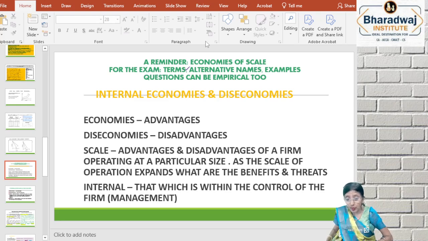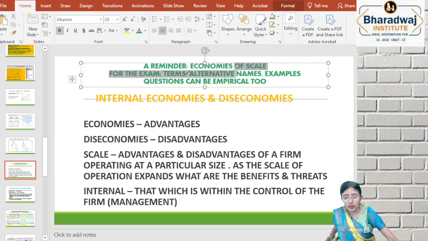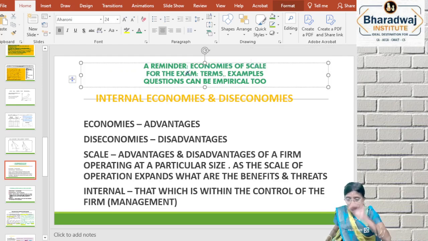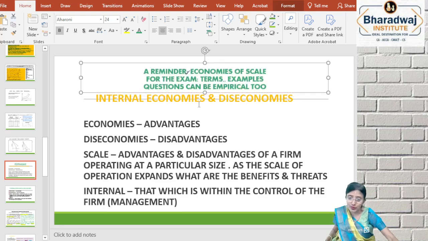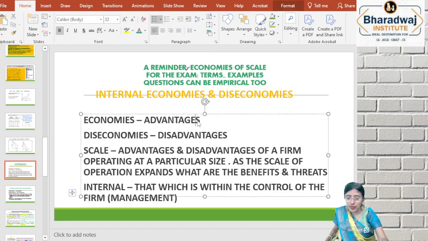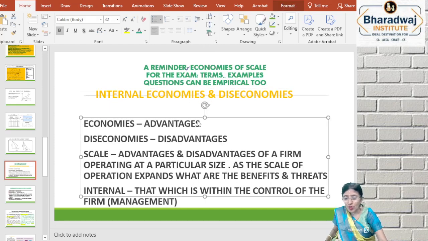I can tell you that terms like internal economy, external economy, economies and diseconomies may be asked with examples also. That's why I said it can be empirical too. What is economies? Advantages. What is diseconomies? Disadvantages. Where do economies or diseconomies arise from? From the scale of operation.